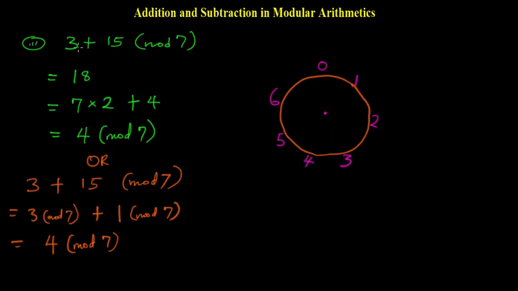Now 3 plus 15 in modulo 7. Let's look at it. We start our counting from 3. 3 plus 15 means we take 15 steps in the clockwise direction. 1, 2, 3, 4, 5, 6, 7, 8, 9, 10, 11, 12, 13, 14, 15.